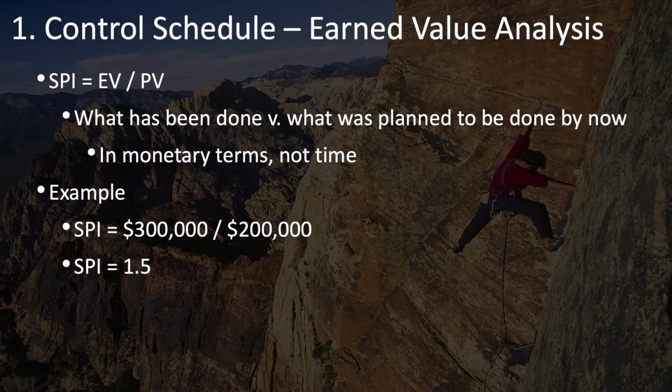In our example, you take the $300,000 of earned value, divide by the $200,000 of planned value, and you end up with a ratio of 1.5, which is a measure of how far ahead of schedule we are. Just as any schedule variance greater than 0 is an indicator that we're ahead of schedule, for the schedule performance index, any measurement greater than 1 indicates that we're ahead of schedule.